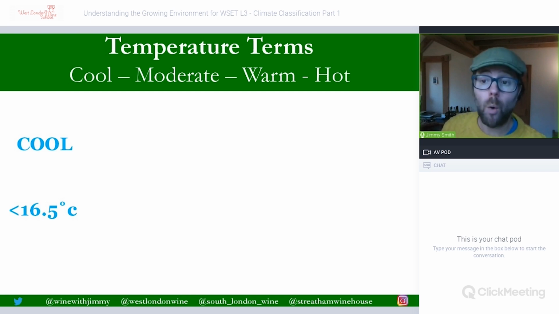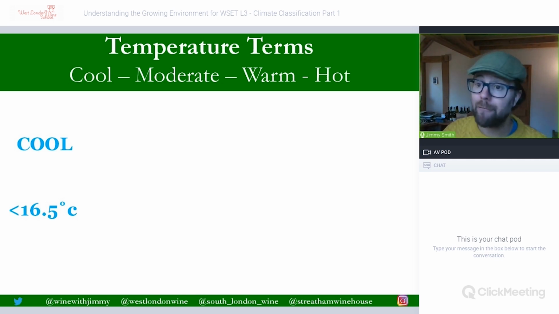So we would say something like warm maritime for Bordeaux, for instance, or moderate maritime for Bordeaux, or warm maritime for other regions, or hot continental, or cool continental, or whatever it may be. So that prefix description, that temperature term, gives you an idea of the actual temperature in that year. And it gives you a good approximate guide to which the grapes can successfully ripen in any given region.